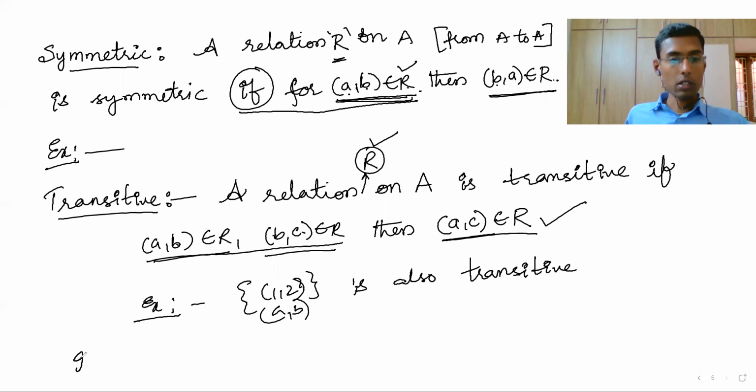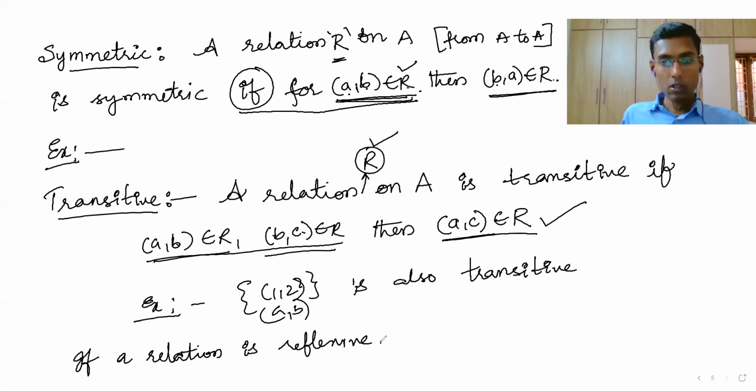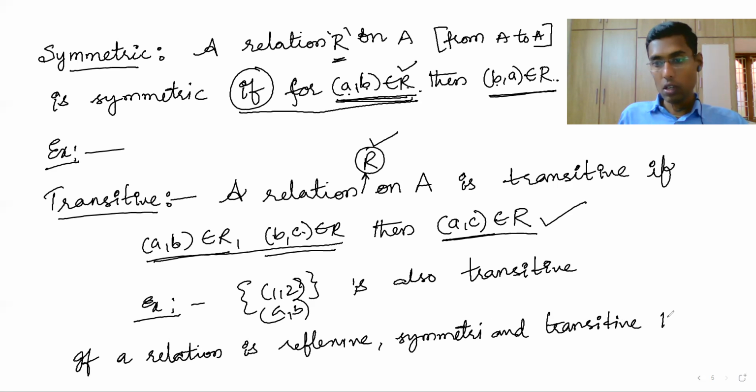Then last, if a relation is reflexive, symmetric, and transitive, then it's called equivalence relation. Equivalence relation.